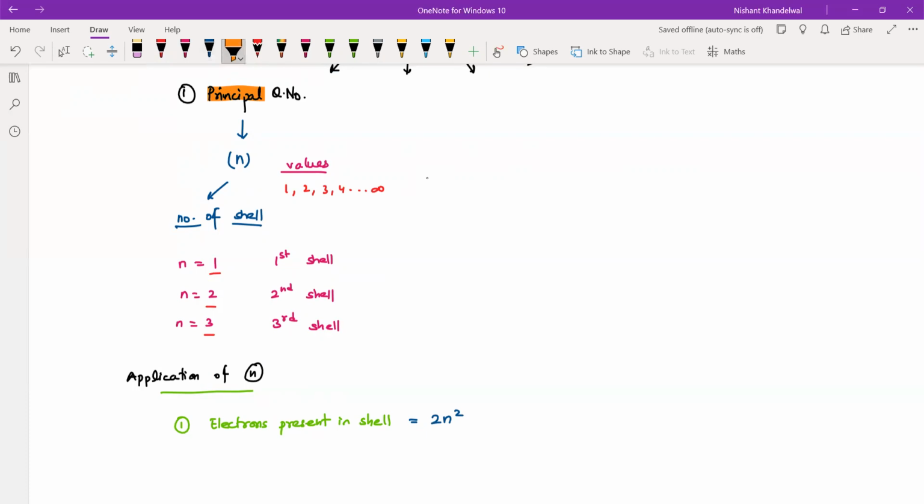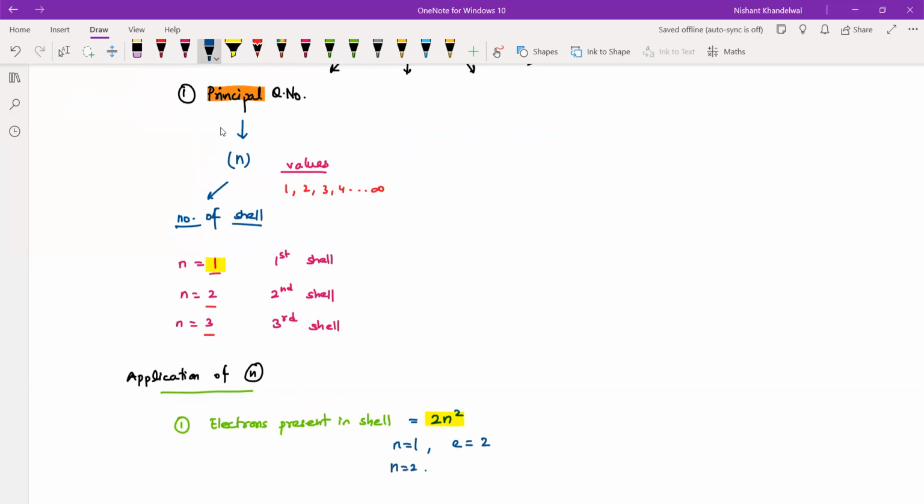Applying this formula, the electrons present in the shell will be 2 multiplied by 1 square, that is 2. And you know that in the first shell or first orbit, we have 2 electrons.